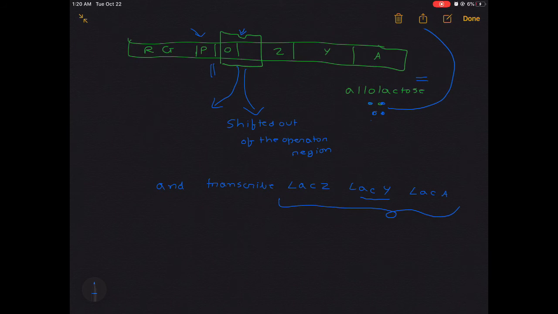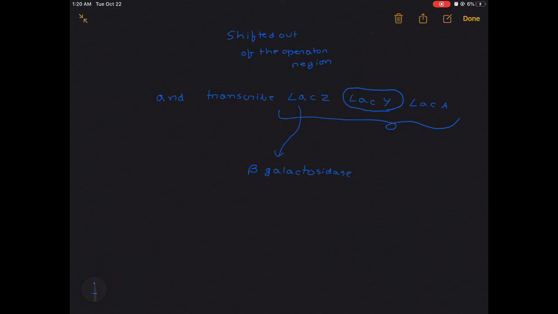Now, the action of permease produced by Lac Y has already been discussed, but the action of beta-galactosidase is still left to be done. So one function of this was to convert lactose into allolactose, which acted as an inducer, which in turn shifted our repressor protein from the operator region.